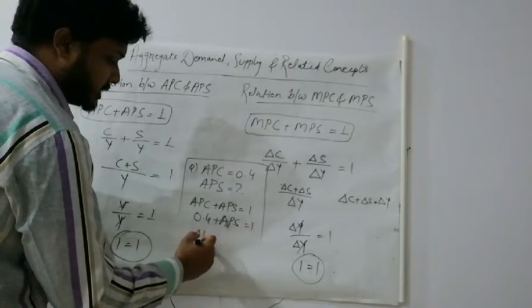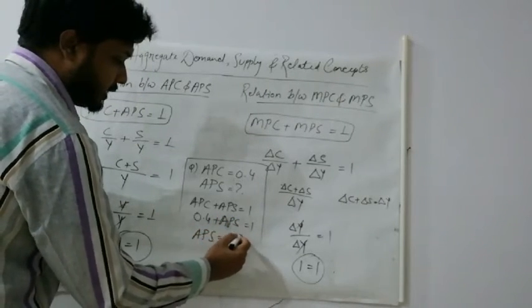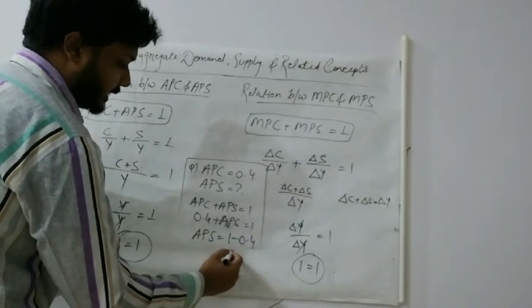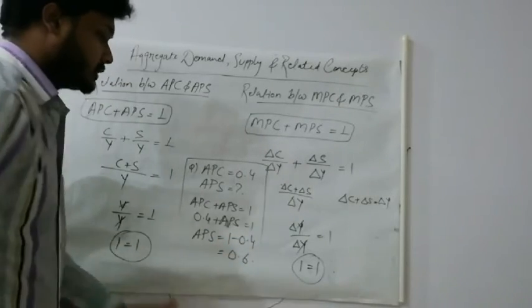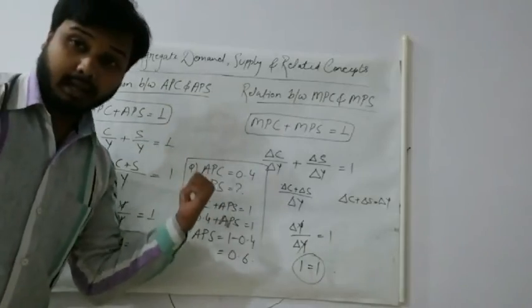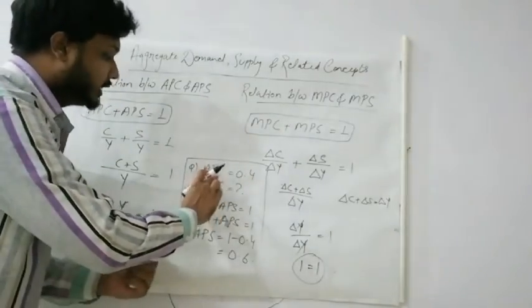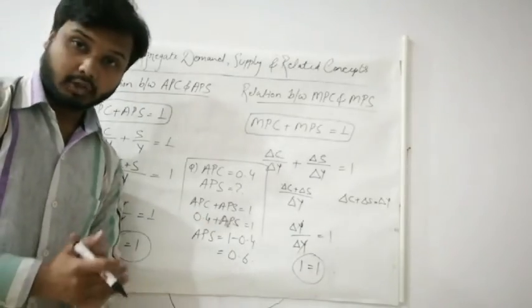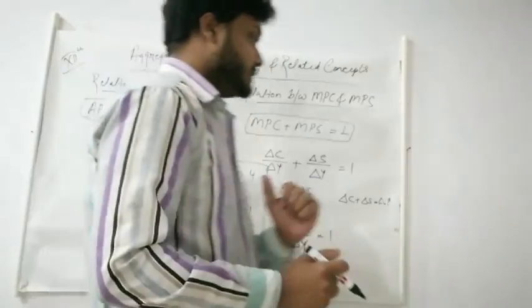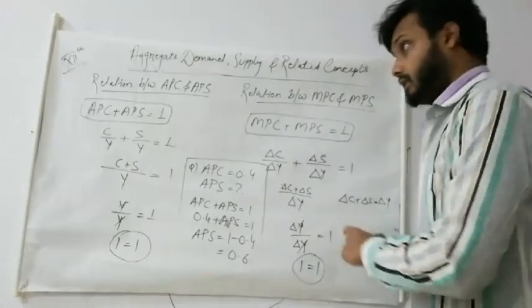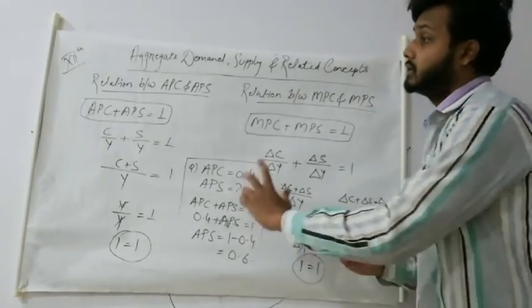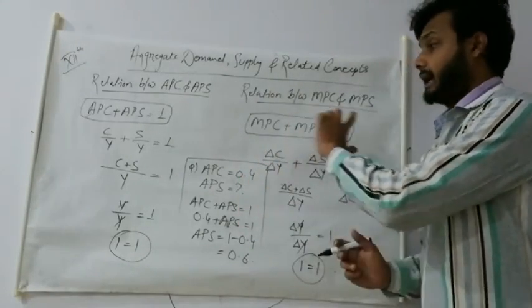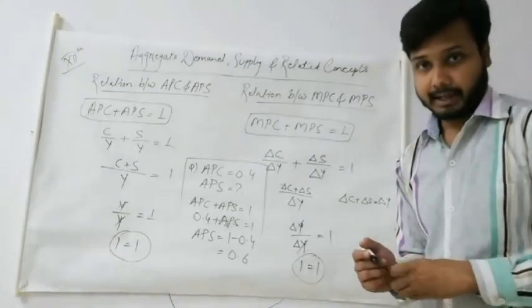So APS, how much it will come? 1 minus 0.4, that is 0.6. So students, this is what this relation helps us to find, that when value of one is given, we can find the value of other with it and solve our numerical questions. Okay, same is here with the marginal concept. So this was the relation between APC, APS and MPC, MPS. Thank you, students.